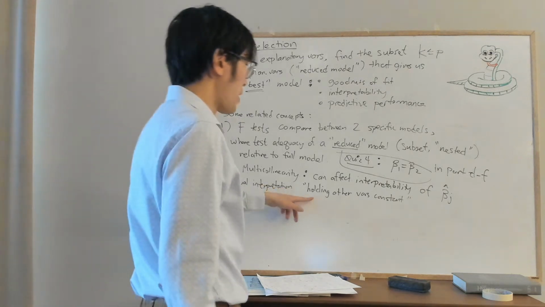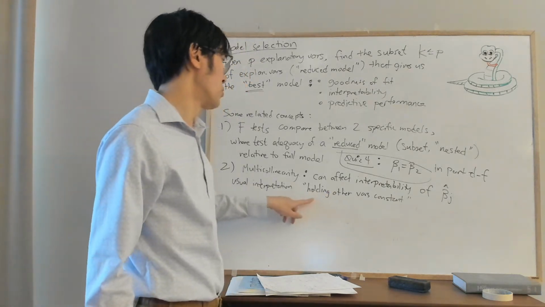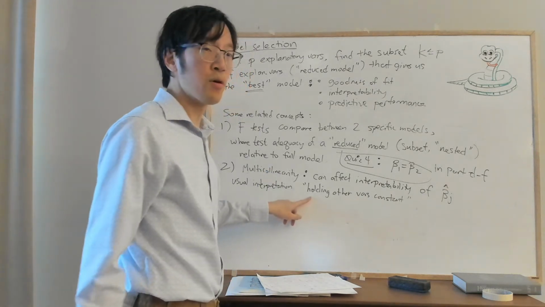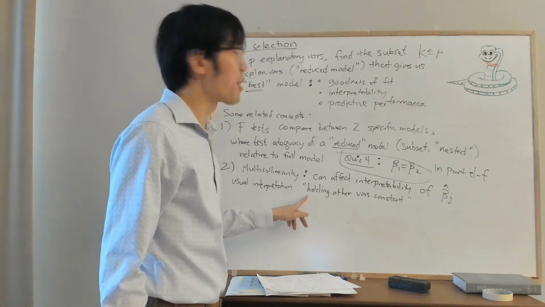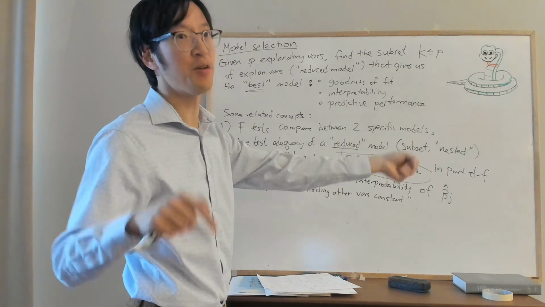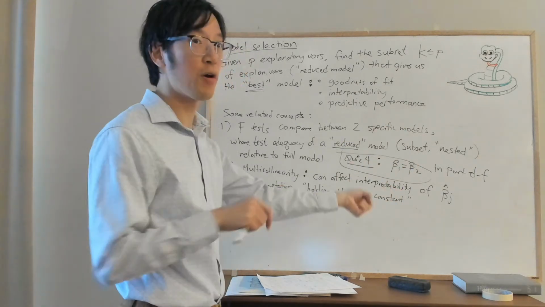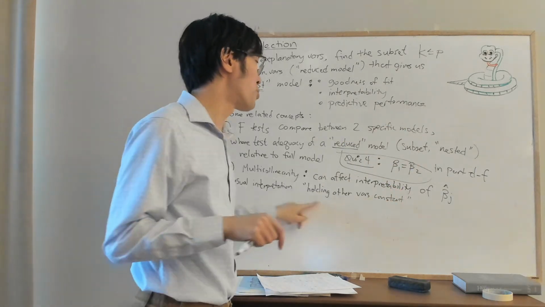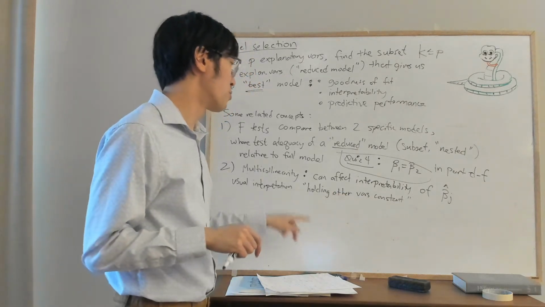And so that doesn't make much practical sense if you can't really, in practice, change one of the predictors without affecting some of the other ones. So when the x's are very highly correlated, this interpretation doesn't make a whole lot of sense.